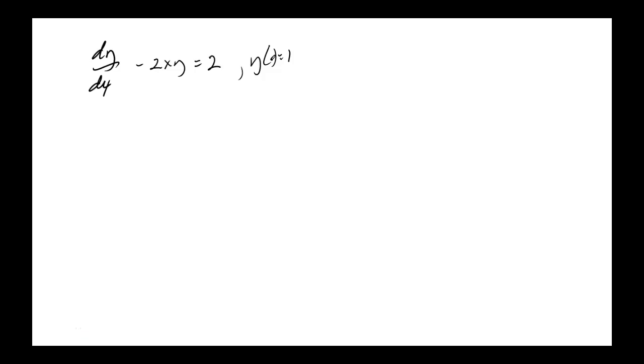Okay, that's the initial value. I hope you can read my writing. It's pretty sloppy. That differential equation is in standard linear form. There's no way we can separate variables because of that 2 at the end. If there had been a 0 there, yes we could, but we can't with the 2 there.